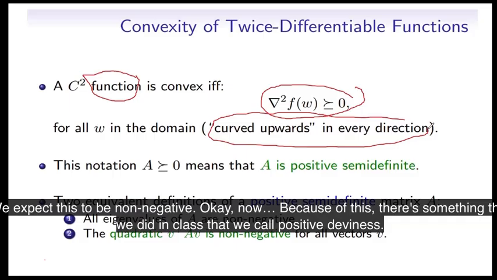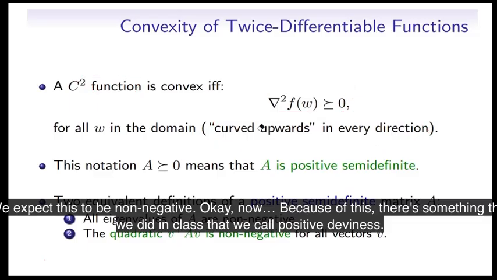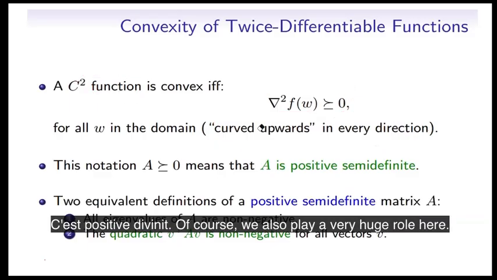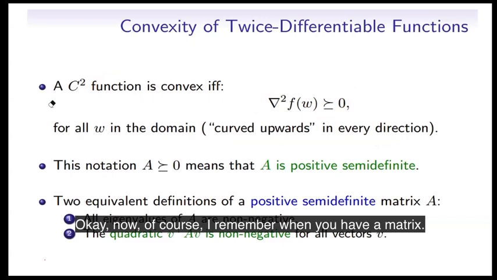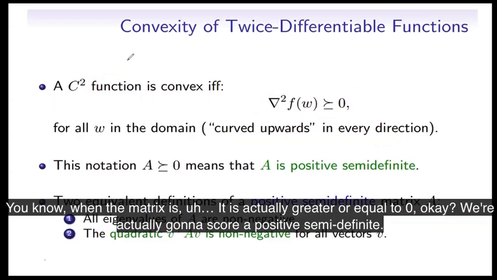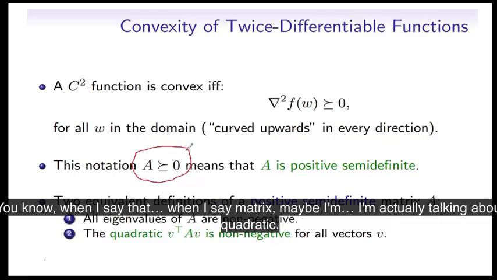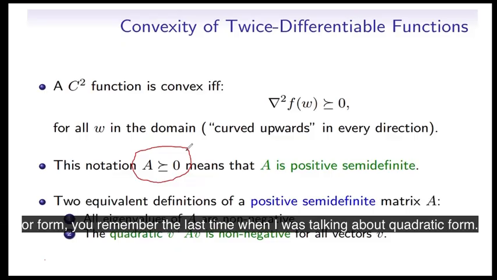Because of this, there's something that we did in class that we call positive definite, semi-positive definite. Of course, that also plays a very huge role here. I remember when you have a matrix A that is greater or equal to zero, we consider it positive semi-definite. When I say matrix, maybe I'm actually talking about quadratic form.